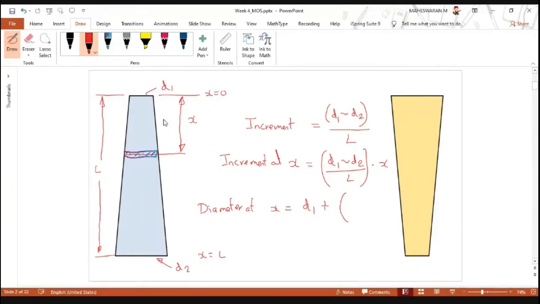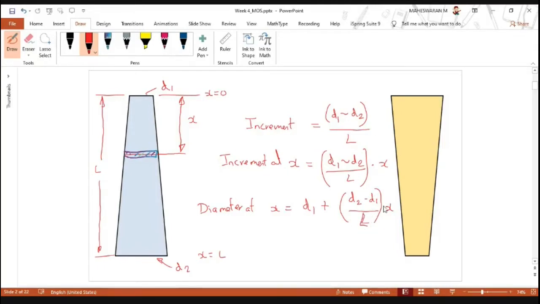Why I put plus is because this is my x, and when x is equal to L it is increasing, since D1 is lesser when compared to D2. I am increasing the value. So D1 plus D2 minus D1, because D2 is the higher value and D1 is the lesser value, divided by L into x. So this will be my formula.